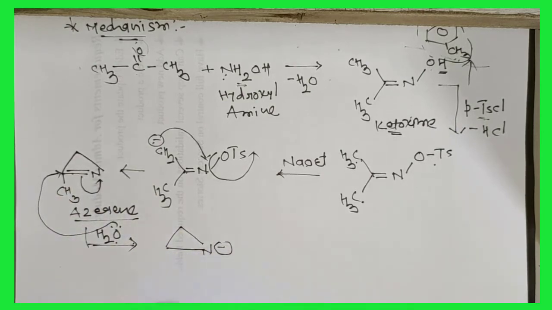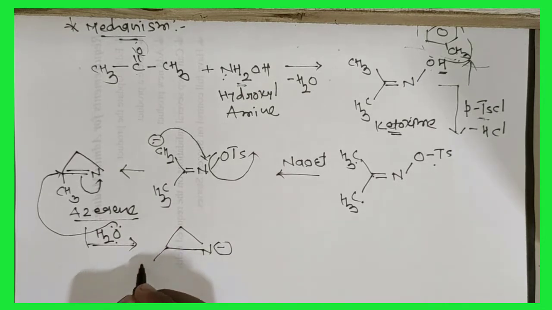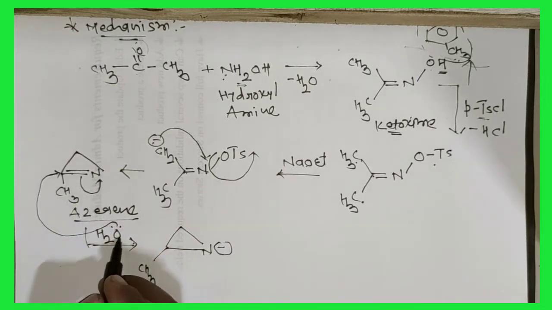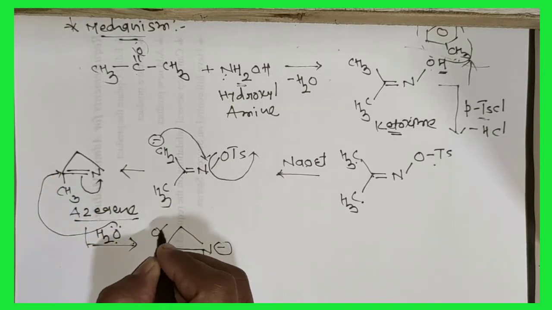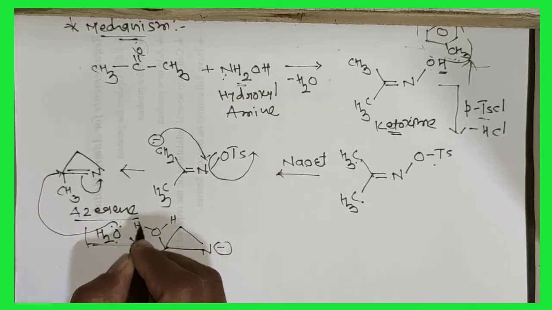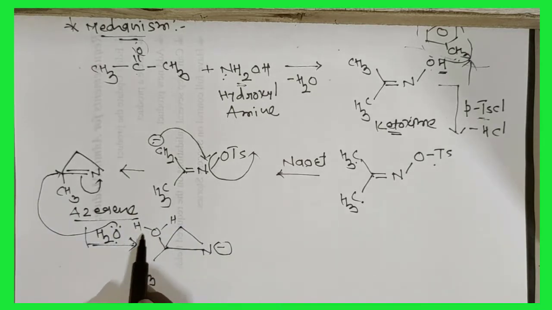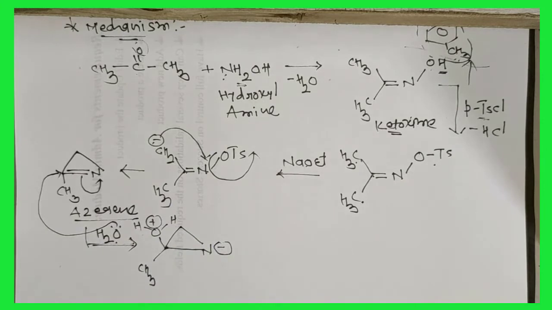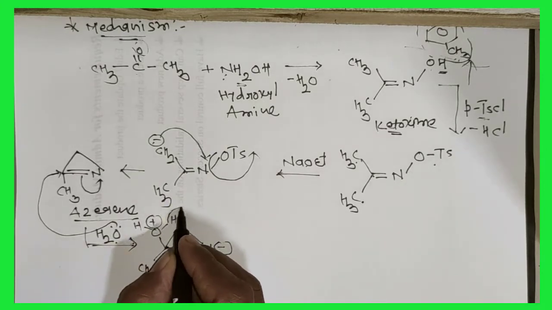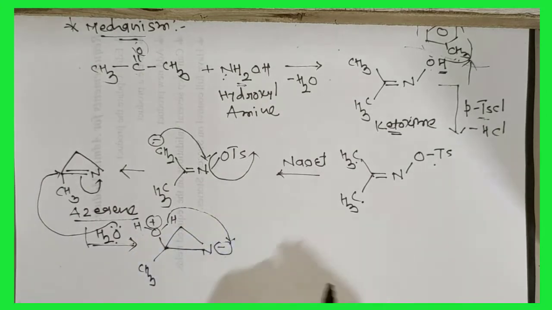That's why nitrogen is negatively charged. This carbon contains CH3, and now the whole water molecule connects with this carbon. So here O, H and H. Now this oxygen carries 3 valencies, that's why it is positively charged. Now here positive charge, here negative charge. That's why 1 hydrogen transfers from oxygen to nitrogen.